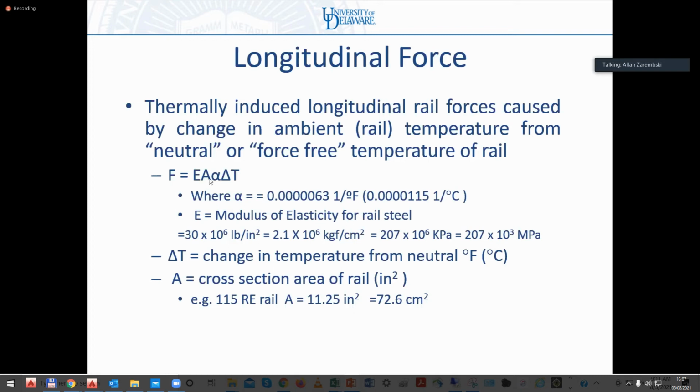A is the cross-sectional area, and it's defined, again depending on your units, in centimeters squared. Alpha, your coefficient of thermal expansion, is defined per degree centigrade. And delta T, your change in temperature, is defined in degrees centigrade.